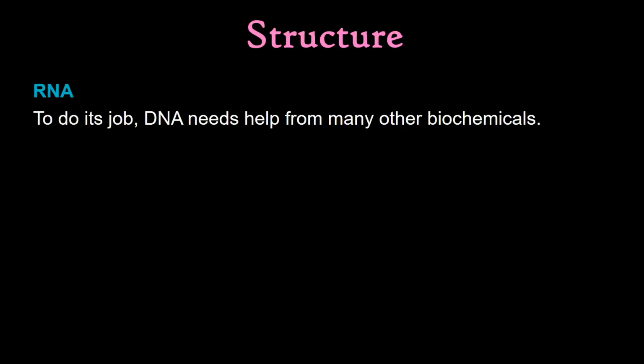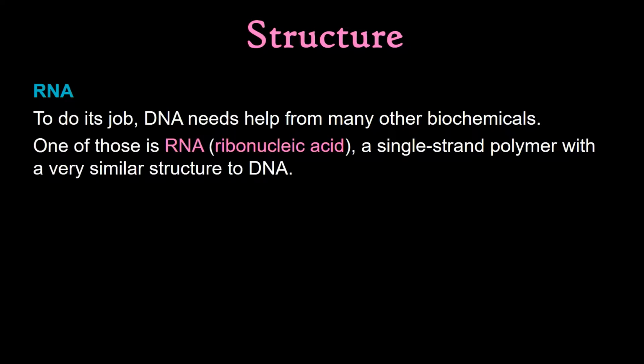The person, the cook, is the machinery. In the cell, there's lots of parts to the machine, and one of those parts is RNA. RNA obviously sounds like DNA, and if you remember that DNA has a deoxyribose sugar as part of each monomer, well, RNA is ribonucleic acid.